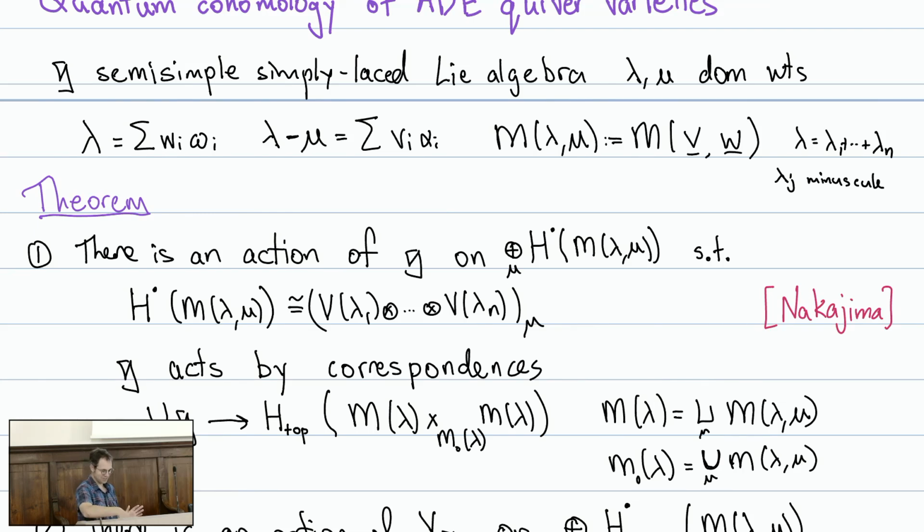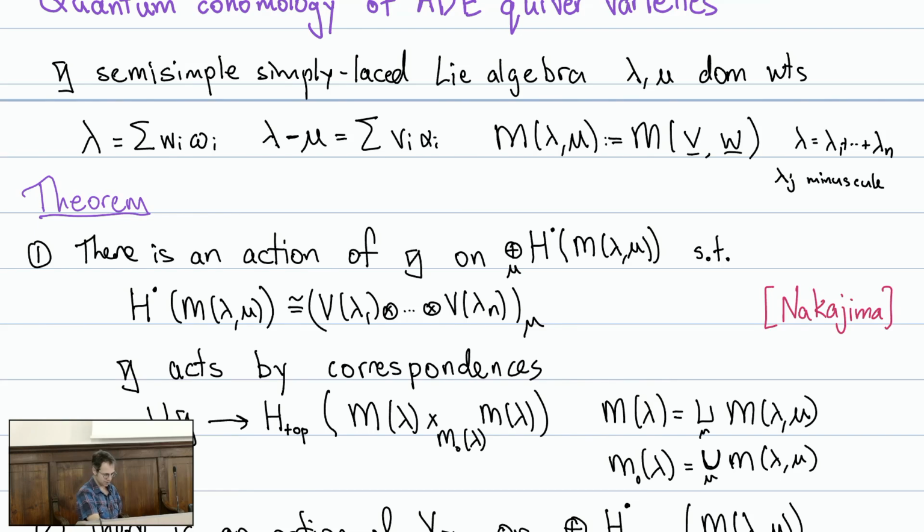For that reason, to make this precise, we have to not just work with a single quiver variety, but rather take the disjoint union over all mu's. And it's somehow important that upstairs we take the disjoint union, but downstairs, for those affine varieties, they actually sit one inside the other, so that we can make sense of what it means to form correspondences between the different quiver varieties.